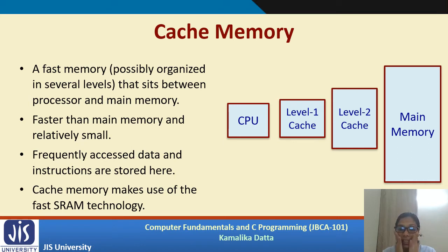What is cache memory? Cache memory sits in between your processor and main memory. Main memory is large, but again, it is not very fast. Why do we need faster memory? With advancement, the speed of the processor is constantly increasing. Why?